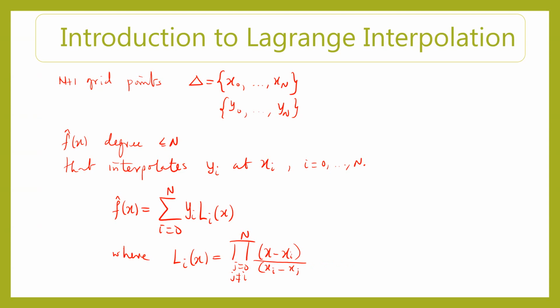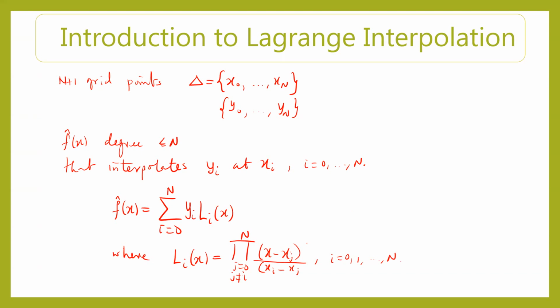Sorry, this is j. And i moves from 0 to n. All right, this is the Lagrange interpolating polynomial. We showed that it exists and it's unique.